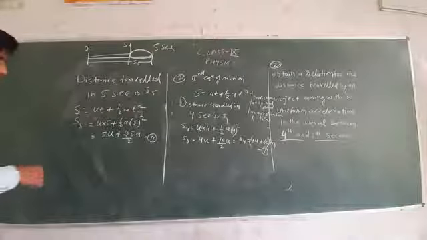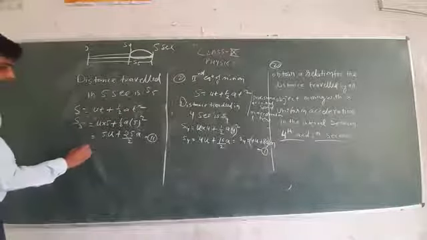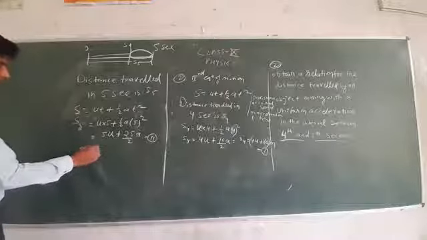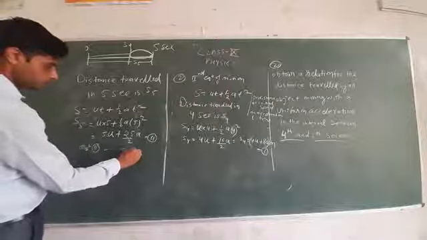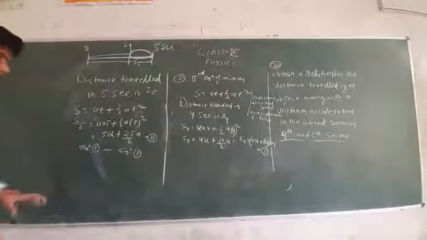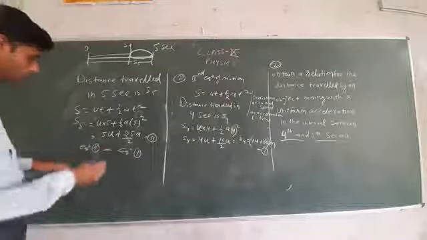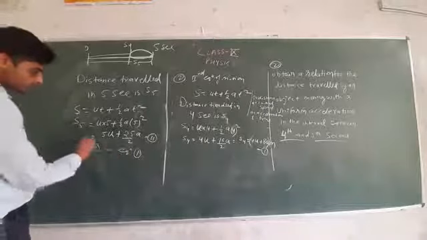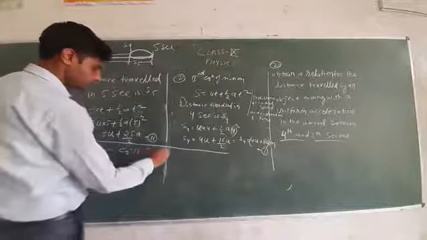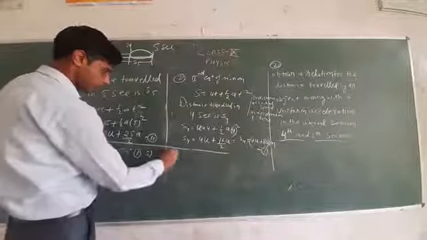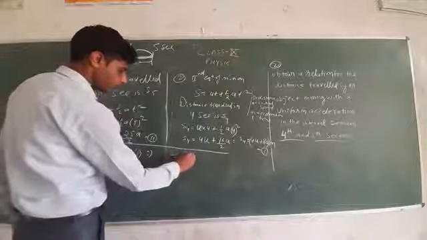Okay, so you can find equation second minus equation first. You have to subtract equation first from equation second. It means this is equal to S5 minus S4.